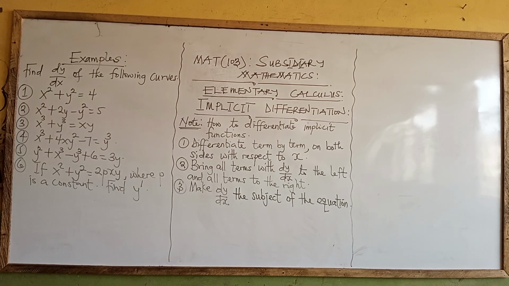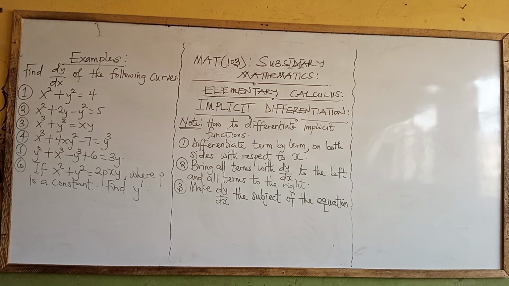Examples. Find dy over dx of the following curves. Question 1, x squared plus y squared equals 4. Question 2, x squared plus 2y minus y squared equals 5. Question 3, x cubed plus y cubed equals xy. Question 4, x cubed plus 4xy squared minus 7 equals y cubed.